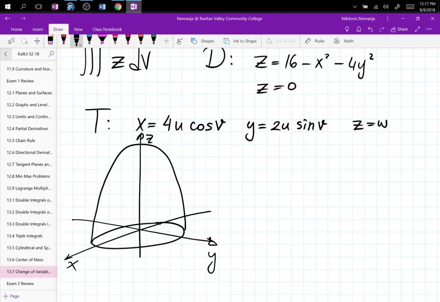So now this is your region D, the object D. Z equals 0 is the floor, the xy plane. So that's this piece, that's z equals 0, and the top piece over here is red.